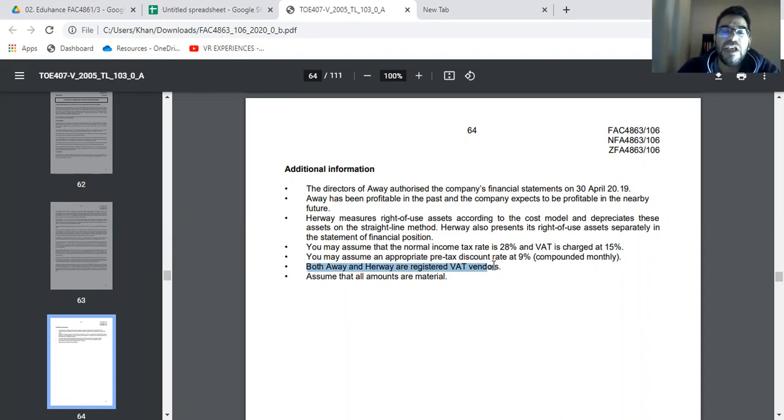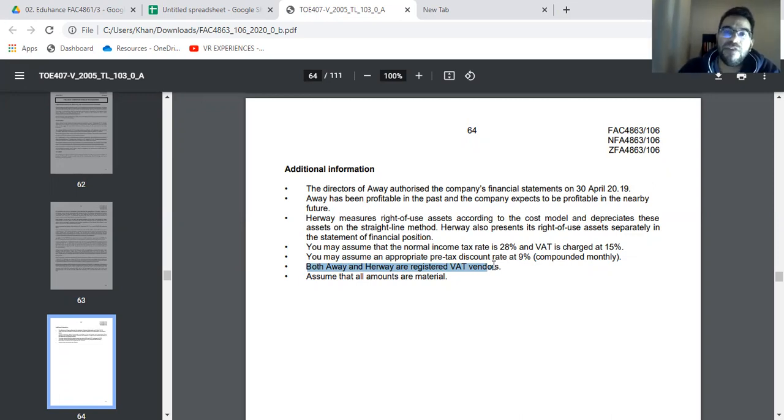Similarly, in the second part, Away is the lessor and Herway is the lessee. If we're dealing with it from Herway's point of view, then we apply lessee accounting, which is debit right of use asset, credit lease liability.